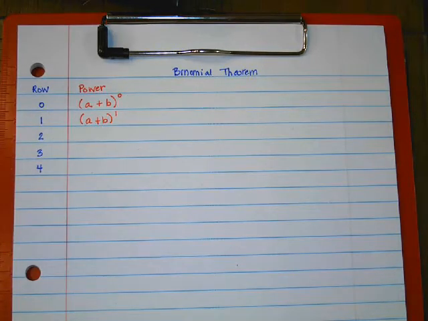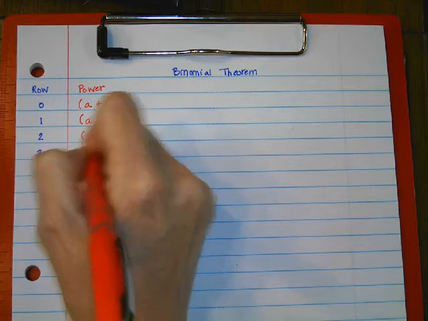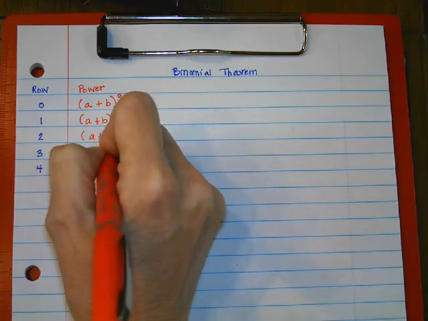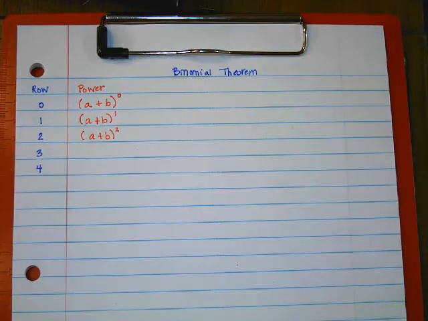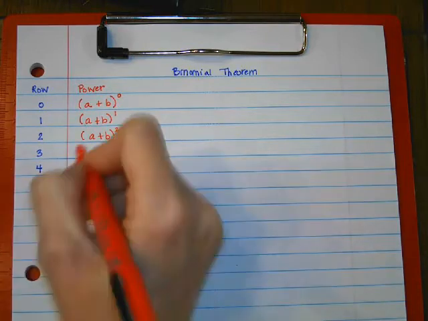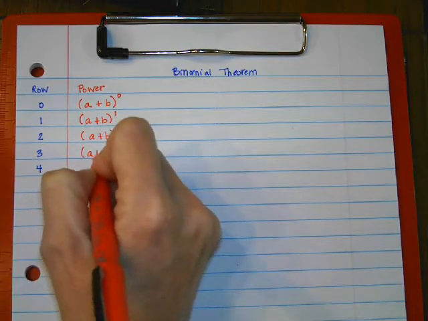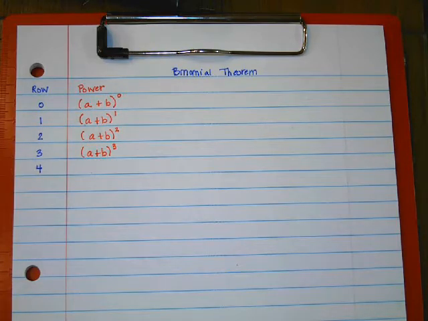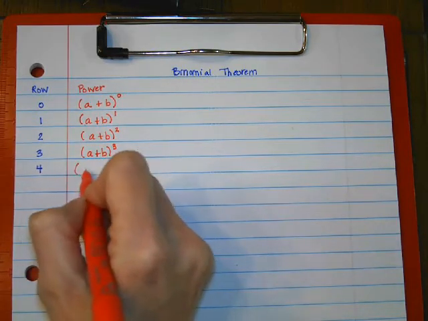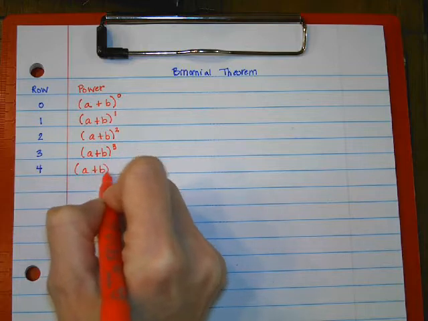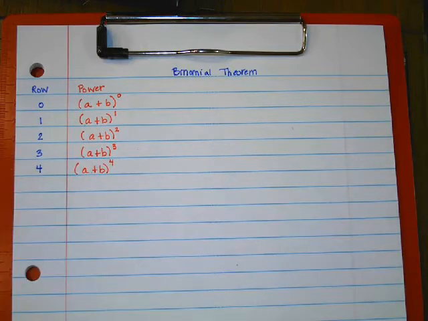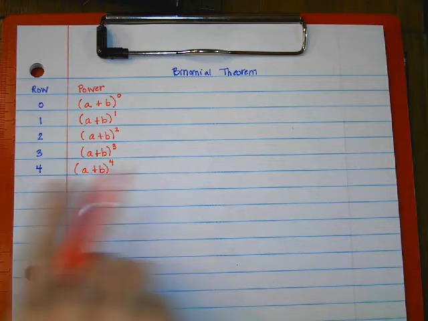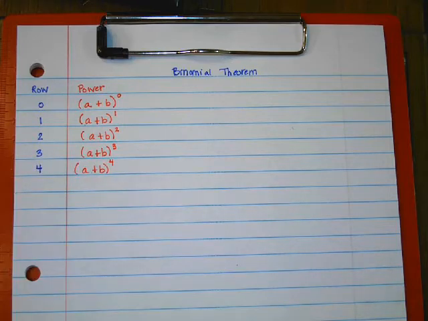So my degree is 1. We take our a value plus our b value and raise it to the second power. And we'll take our a value plus our b value and raise it to the third power. And then the fourth power. These are just powers, and the powers will help you identify the rows.